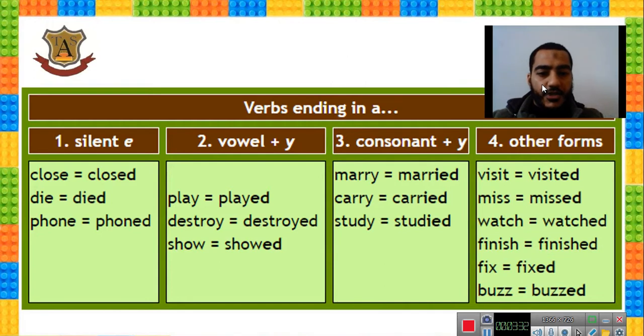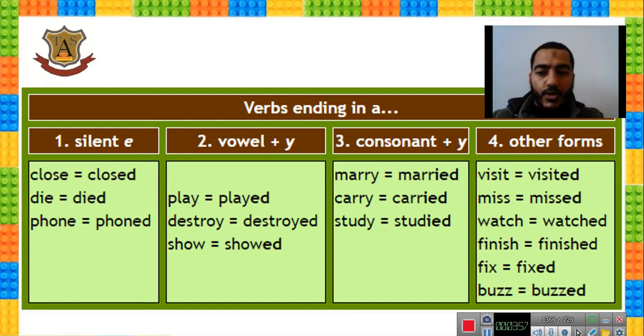Okay, this is a revision about how to put the verb into past simple. The verb must be a regular verb.